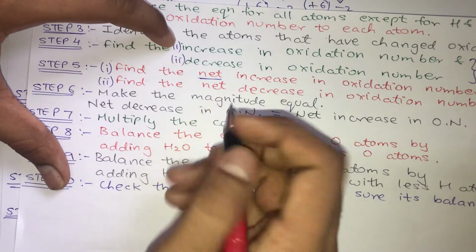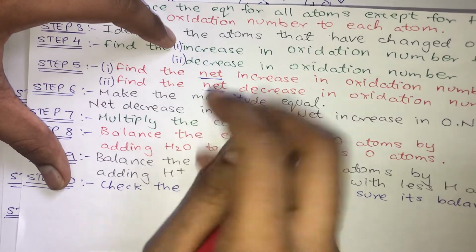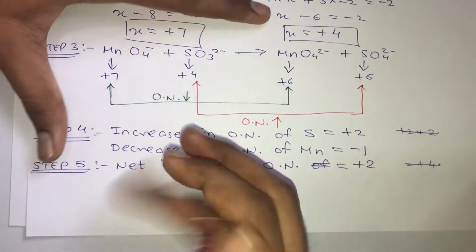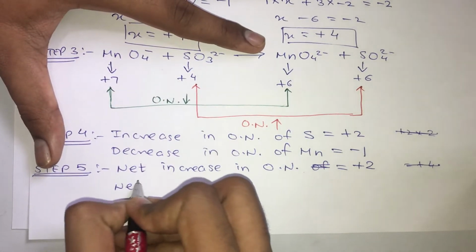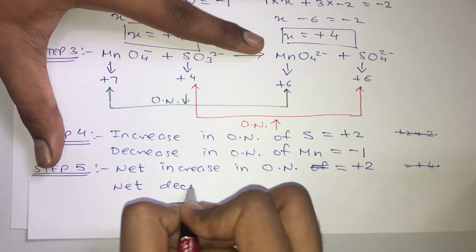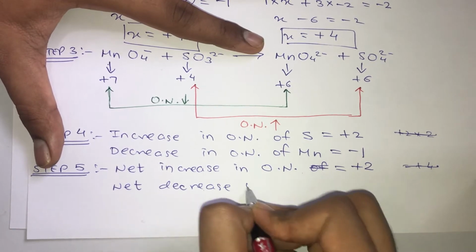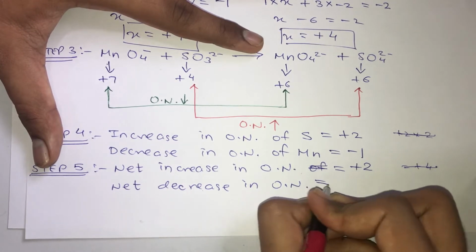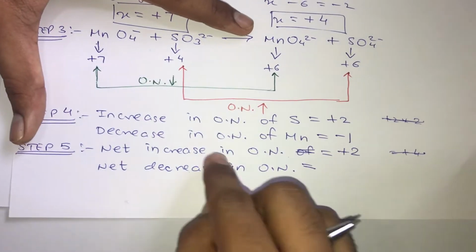Find the net, means total decrease in oxidation number. So let's write the net decrease in oxidation number is equals to how much? Let's find out.